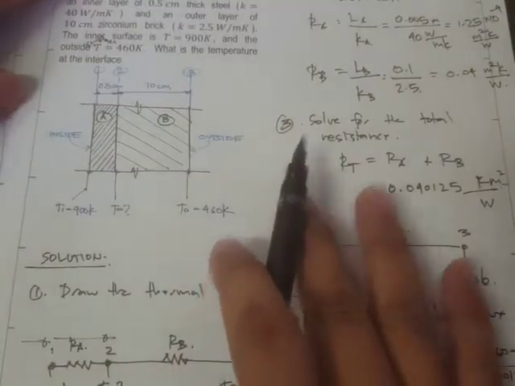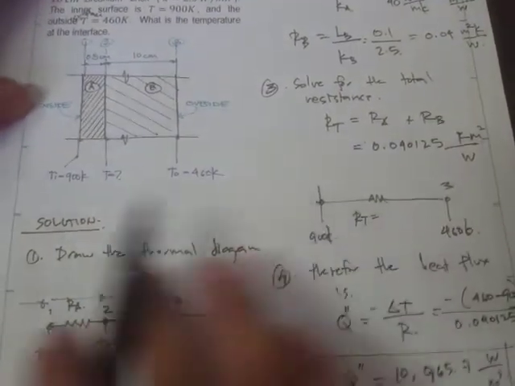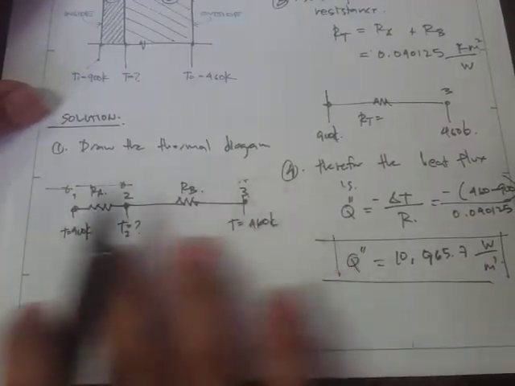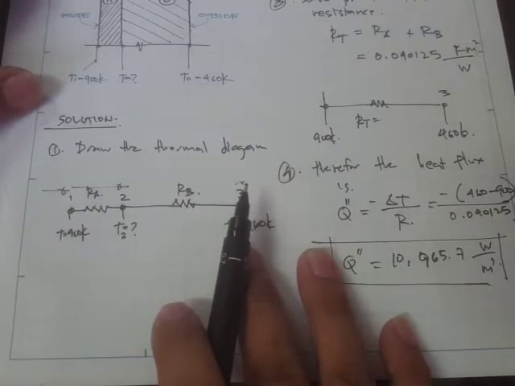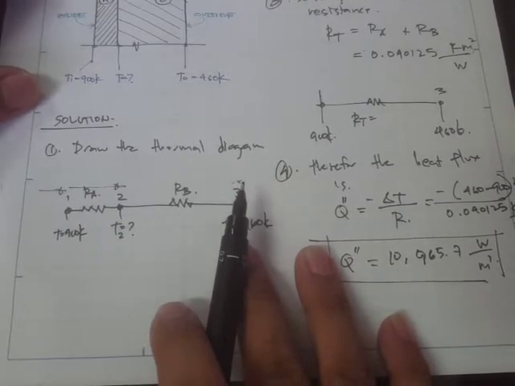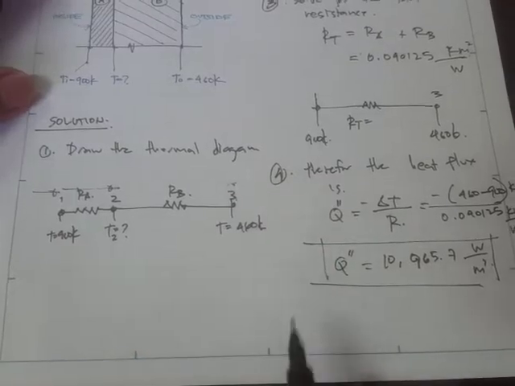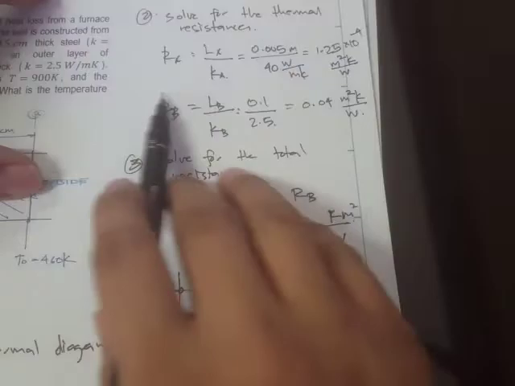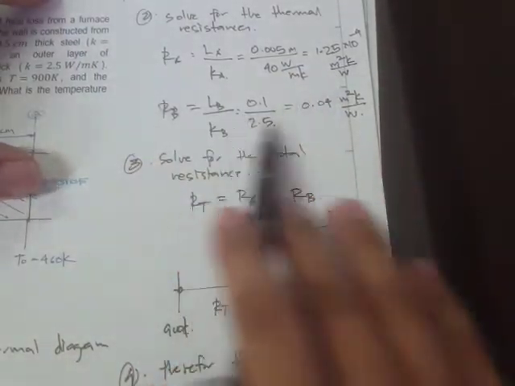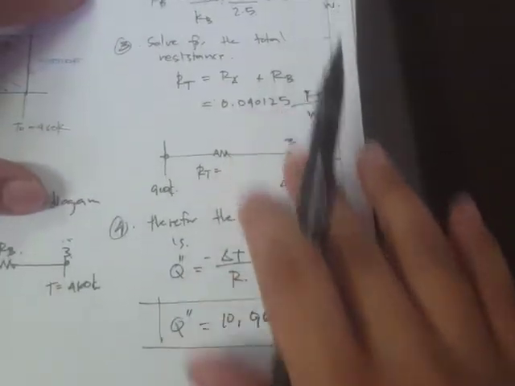Again, just to recap what we did in our solution: first we draw the thermal diagram because this can really help us understand what our approach is going to be for solving this. Then we solve for the individual resistances, and having solved that, we can solve for the total resistance.